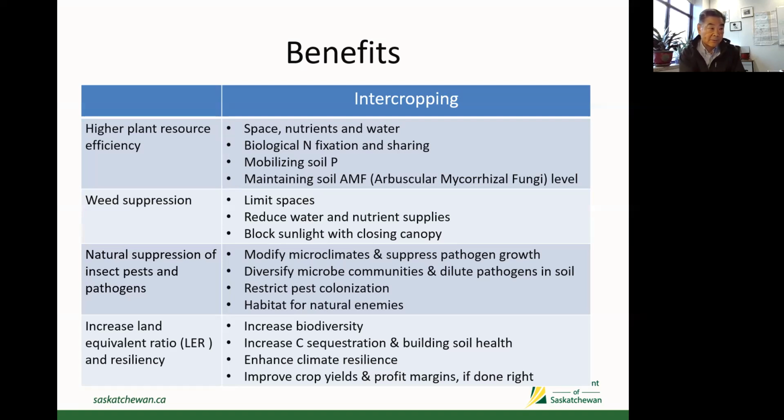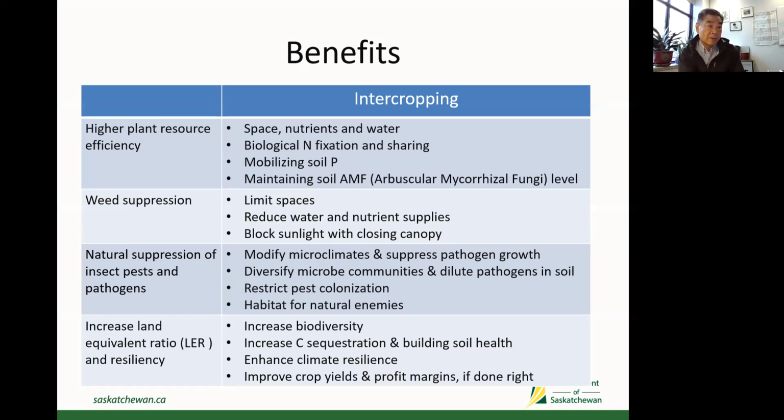And this soil phosphorus, once it's mobilized, can be used by the other crop, which doesn't have the capability to mobilize the P. So it would increase the soil P use efficiency as well.